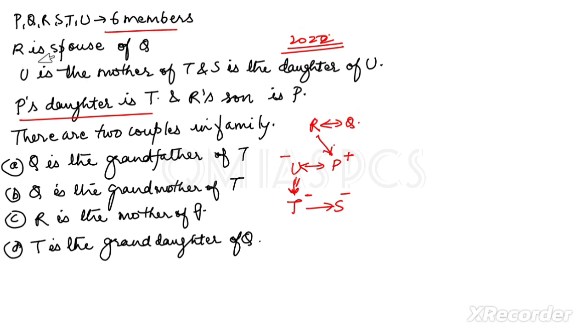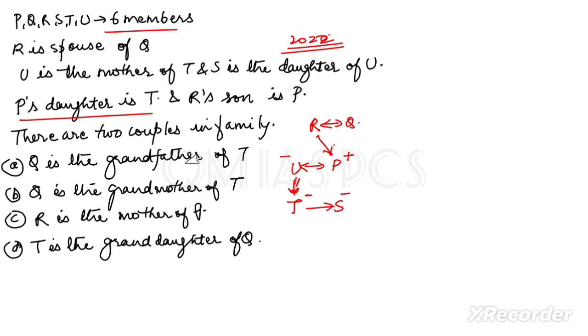Anything about R and Q? There is no plus and minus. Okay, fine, no problem. So R's son is P. Yes, fine. Now this is your relation tree.